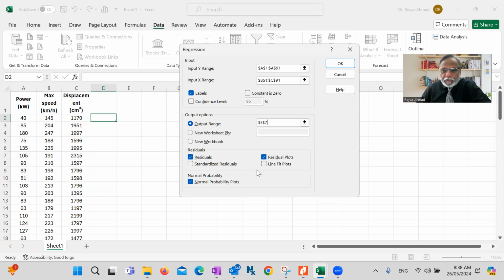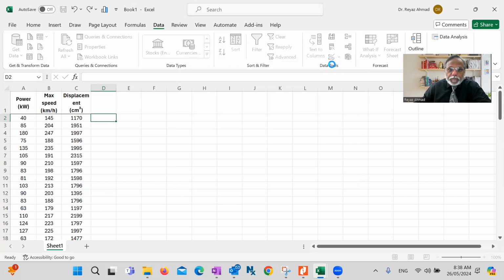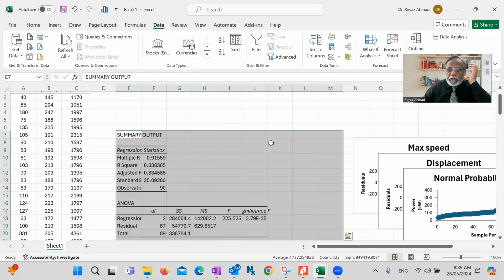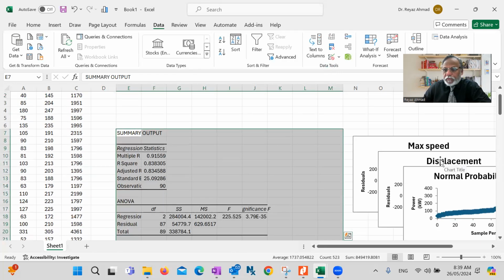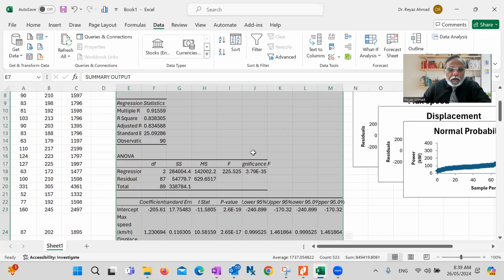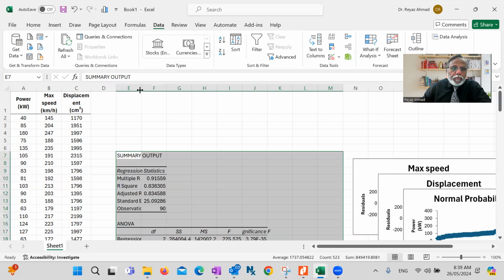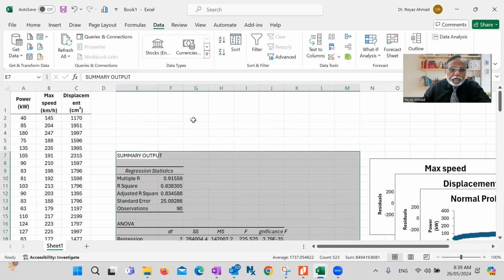Sometimes they ask in the question, so you just check them, and it will automatically come out over here. So I click this, okay, and I got this data and these diagrams. So now these are the data. Based on this, I will answer all the questions over here.